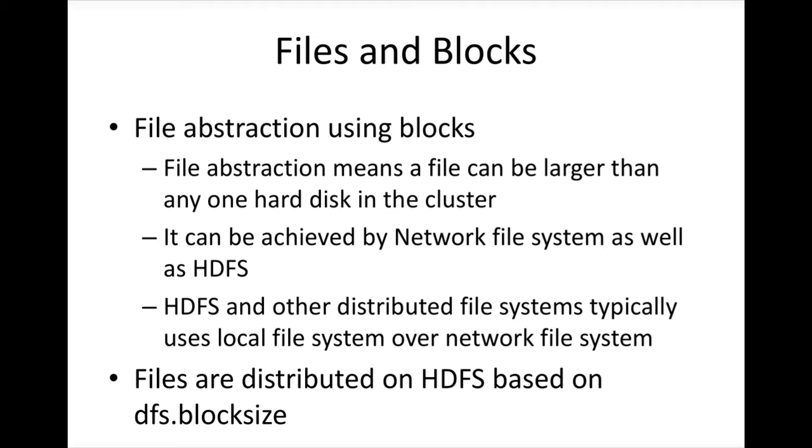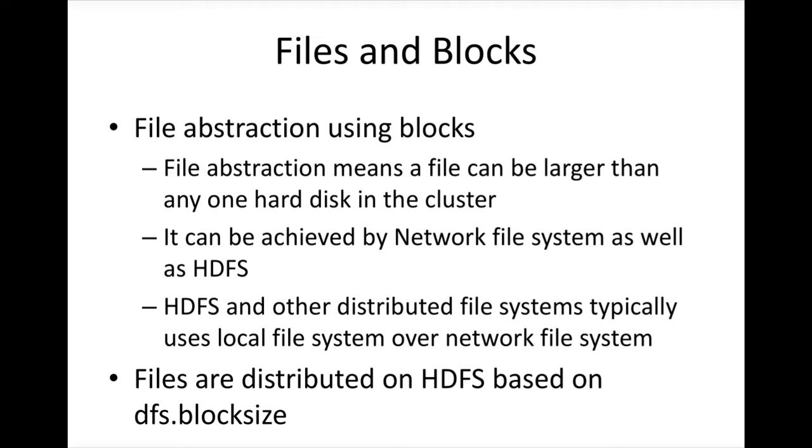Just remember that HDFS uses local file system over network file system. It works with network file system also, but it is not very efficient, because for each and every transaction you have to do network I/O, compromising data locality.